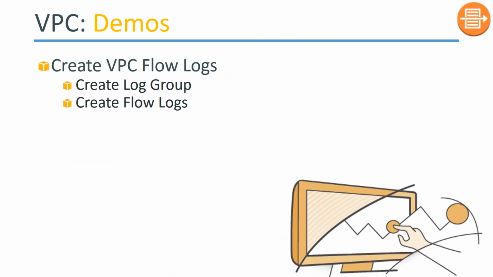So this is what we are going to do as a quick demo. We are going to set up a sample VPC quickly through an automated script. Once we set up the VPC, we are going to start a web server inside that VPC in the public subnet, and we are all going to access it. So we are going to generate some logs.